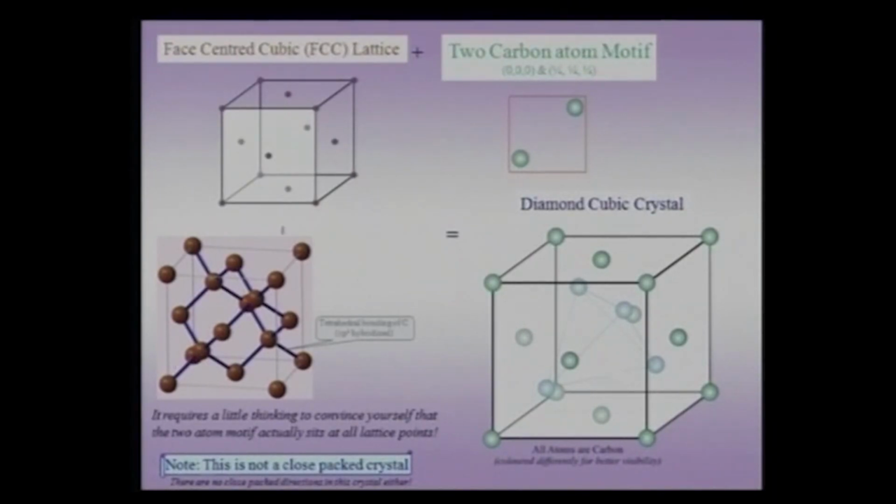So, that continuous path of carbon atoms along the body diagonal is missing, and therefore, this kind of a crystal is neither close packed nor has close packed directions.